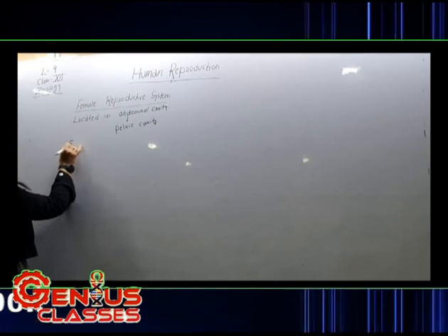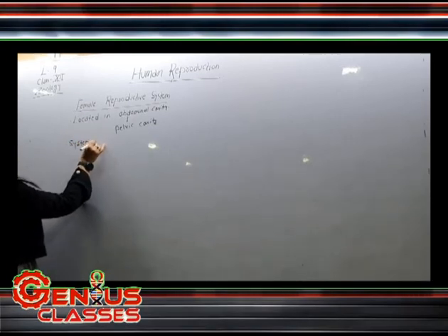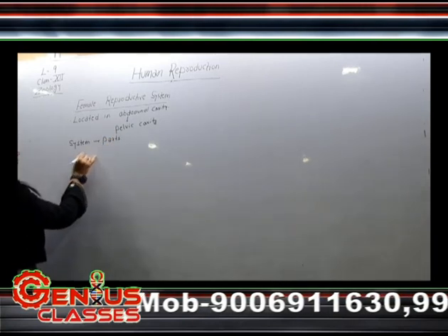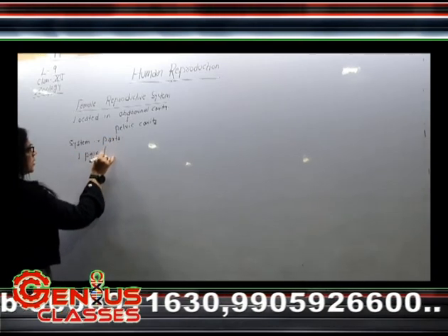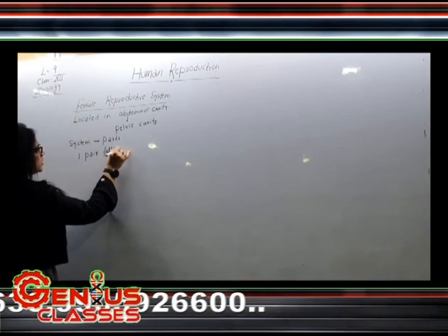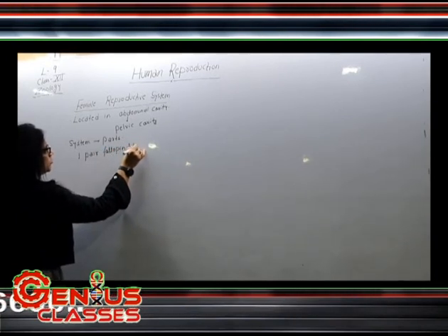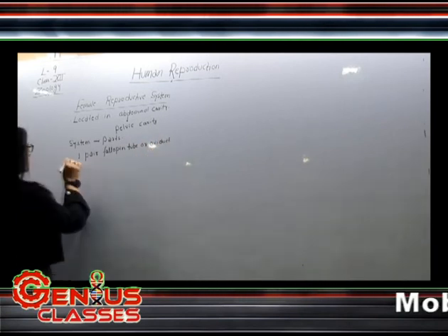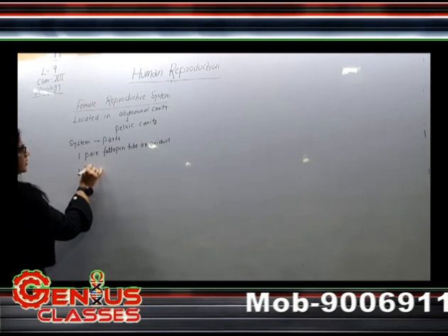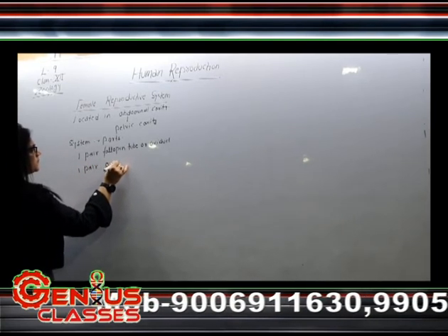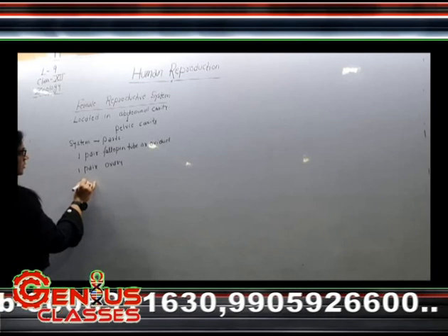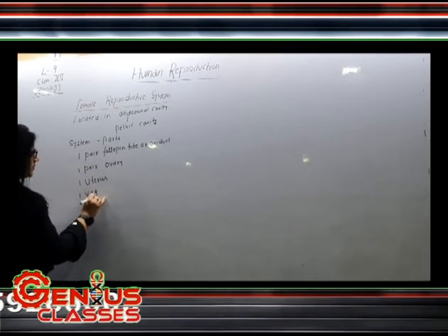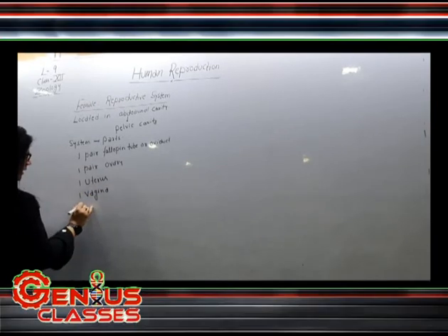This system includes the parts, and they are one pair of fallopian tubes or oviducts, one pair of ovaries, one uterus, one vagina, glands.